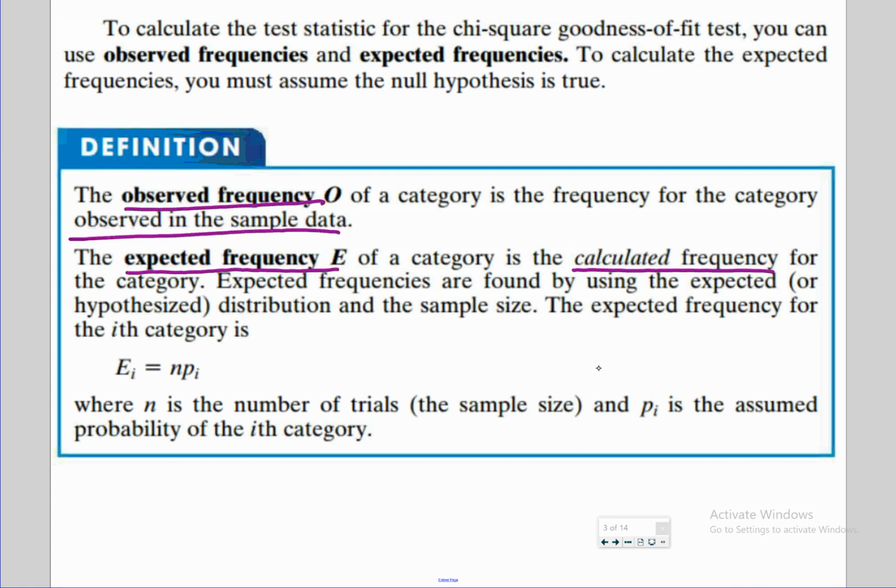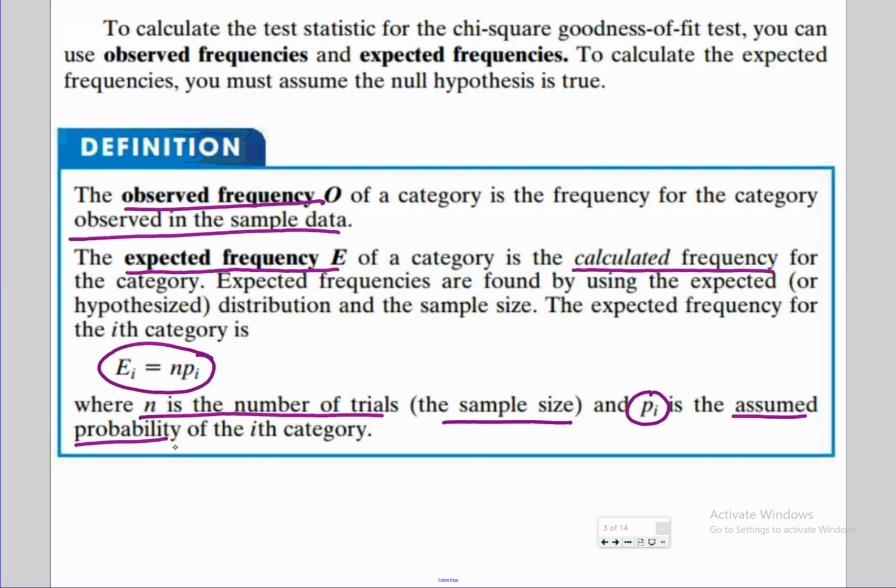To calculate an expected frequency, we're going to use this mini formula here. E sub i is the expected frequency. n is the number of trials, like our sample size that we're used to using. And p is the assumed probability, what we assume it will be for the population.